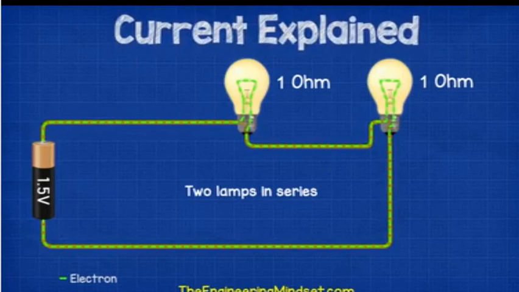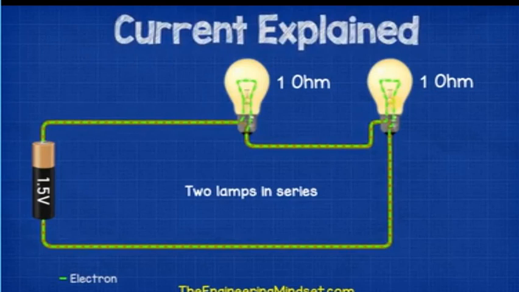Okay, before I move on, another thing I want you to know is that if you look at these 2 bulbs, these are 2 lamps which are in series, and this is the cell which is providing the voltage which allows current to move. But because they are in series, if one of these bulbs was to burst, if it was to break, then this circuit would break.